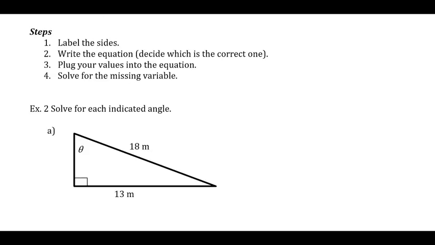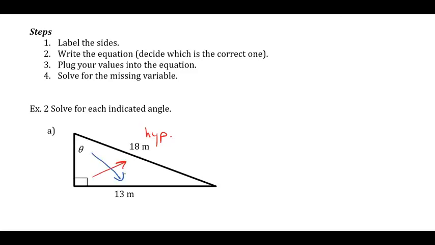Everybody ready? Notice that the steps, as I said, are identical. So what do we do first? Label the sides. There's hypotenuse. Somebody help me with opposite, because on Friday we were given an angle and I went opposite from the angle. So what do I do here, Liam? Yeah, 13. Why is it 13? Yeah, it's opposite.